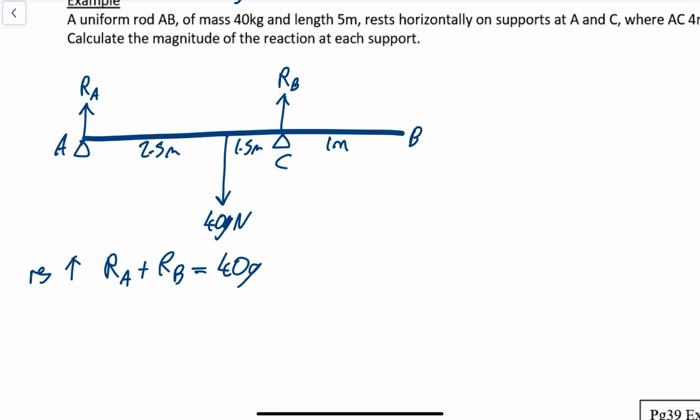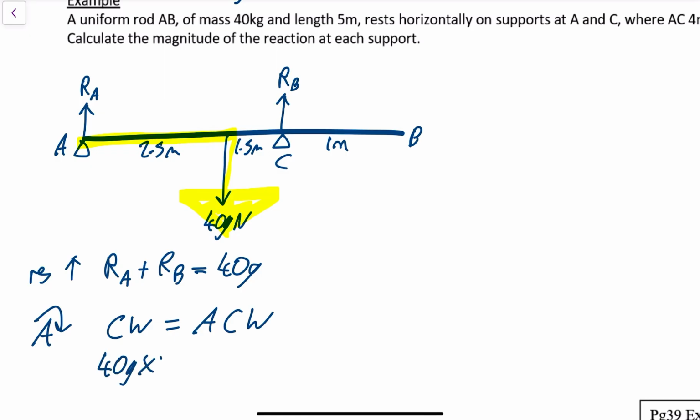And then we're going to take moments. I'm going to take moments about A, and I'm going to use clockwise equals anti-clockwise. And clockwise, this one will be pulling me clockwise. So that's going to be 40G times 2.5 is equal to, and then the anti-clockwise one would be just this one.